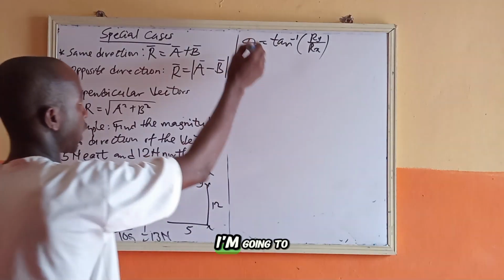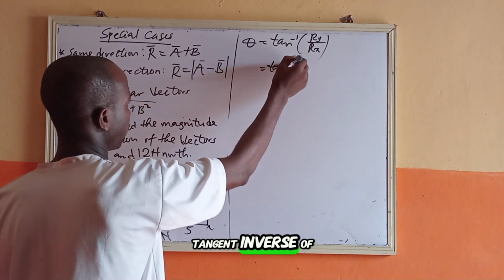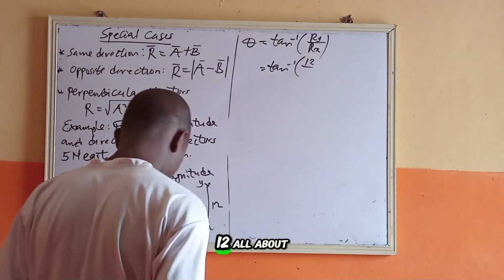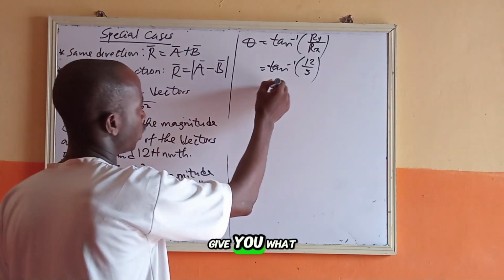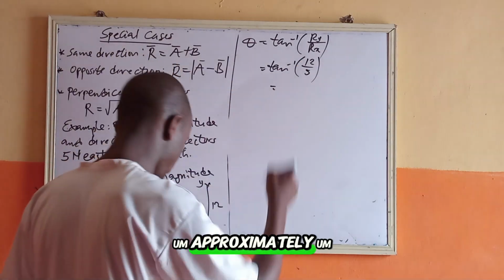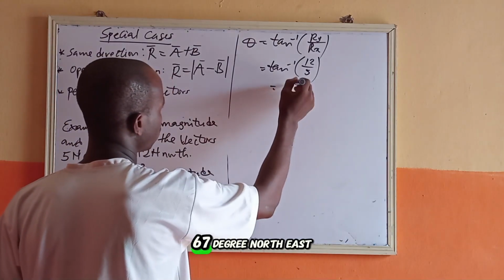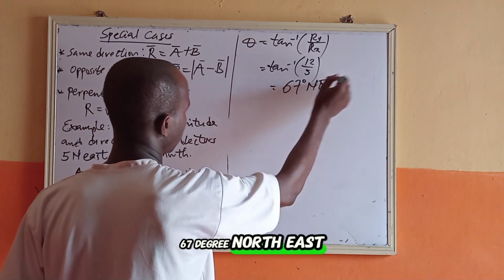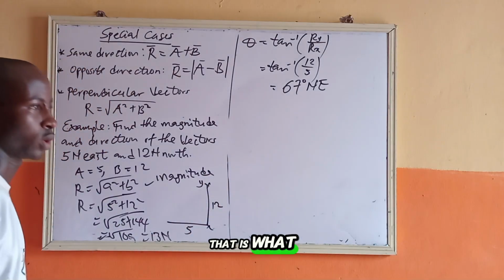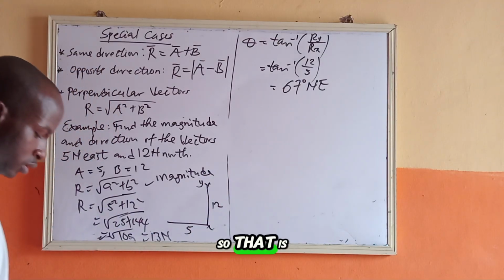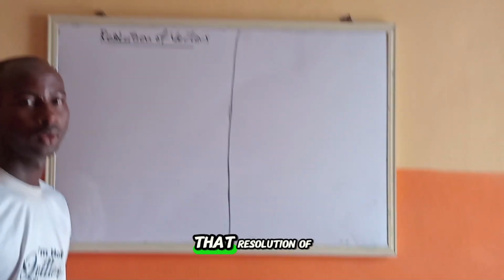That means I'm going to have tan inverse of 12 all over 5, and that will give you approximately 67 degrees northeast. That is what you are going to get. So that is how to calculate that.